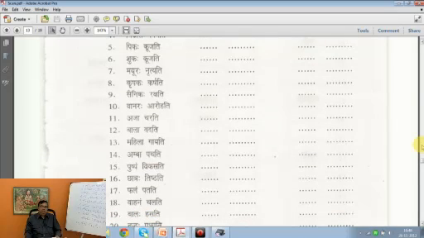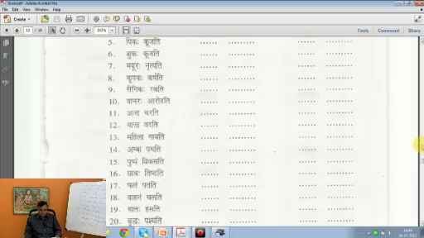Pushpam vikasati. Now be careful here, the gender has changed. So Pushpam, what is it? Vikasati. Pushpe vikasataha. Pushpani vikasanti. Chhatraha tishtati. Chhatrau tishtataha. Chhatraha tishtanti.